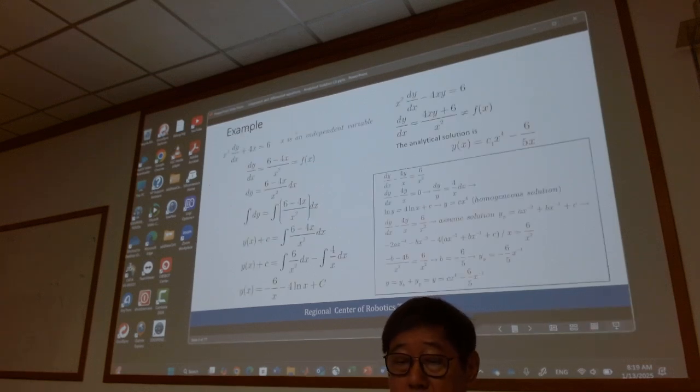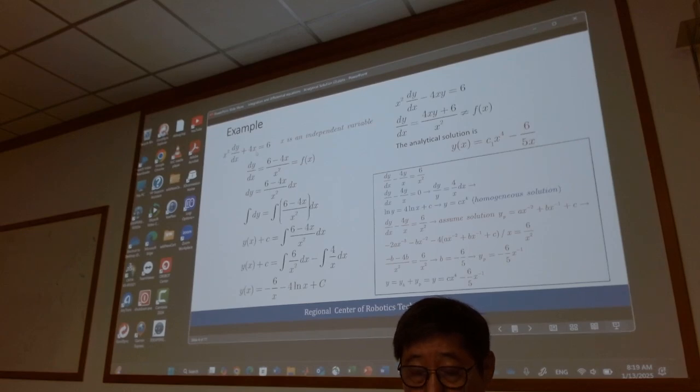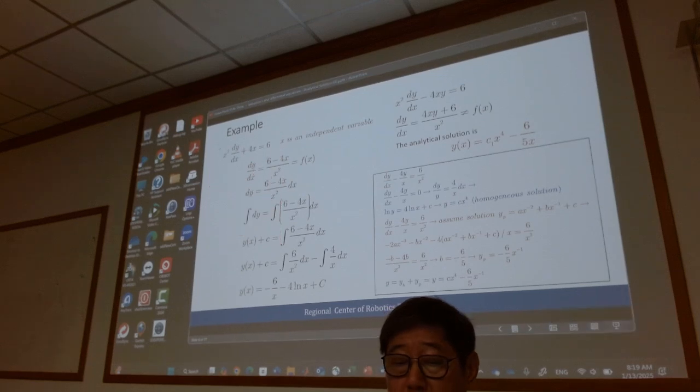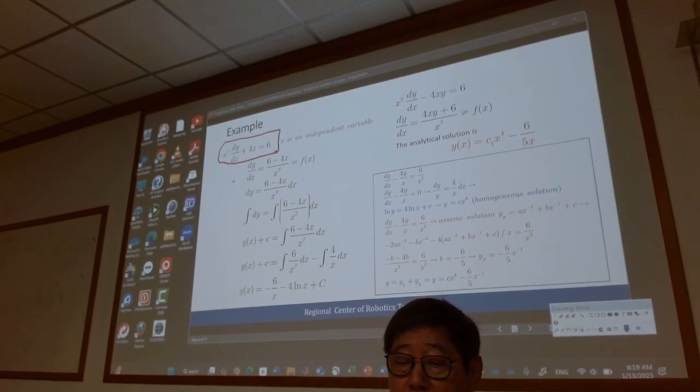So look at this one. If you want to solve this, first of all, try to use direct integration. Is this linear or non-linear?